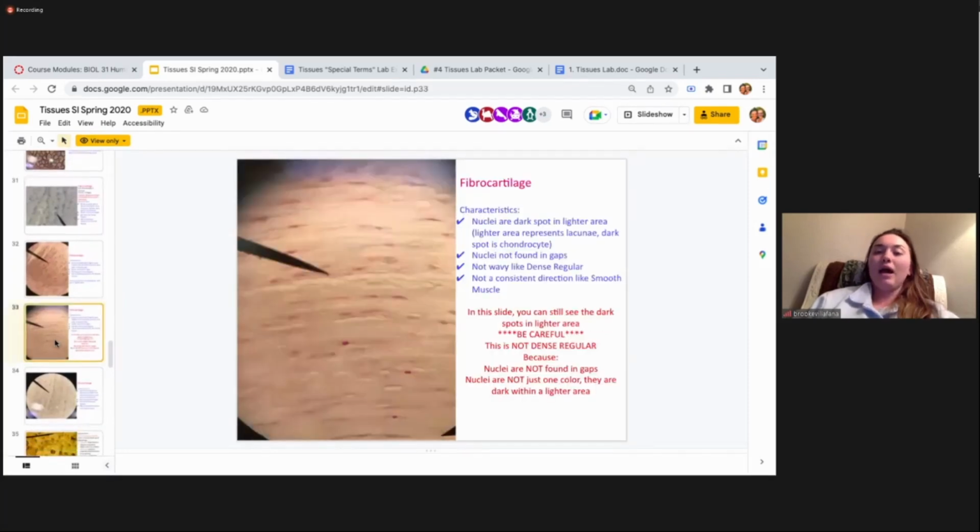When you get to your exam, you're going to have to pause and remember this checklist in your head. Do I see gaps? Are the nuclei in the gaps? Yes, dense regular. Are the nuclei outside of the gaps? Yes, then it would be fibro.